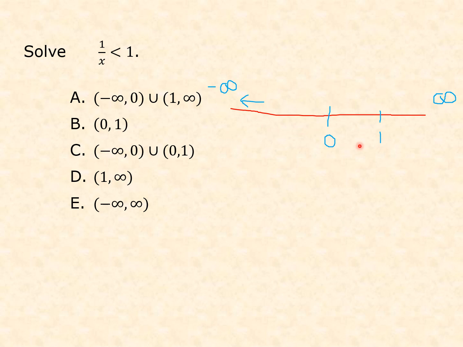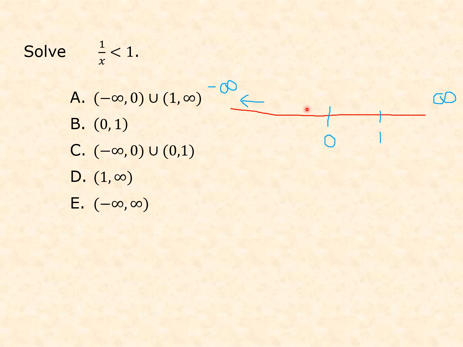Then how about the remaining region on this number line between 0 and 1? Between 0 and 1, for example, you take half. If you put in 0.5, substitute into 1 over x, 1 over 0.5, you'll get 2. So 2 is not less than 1.